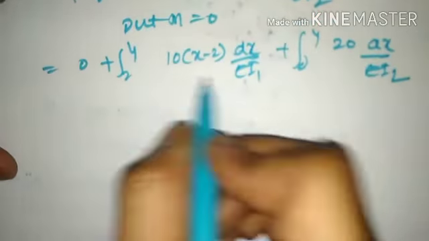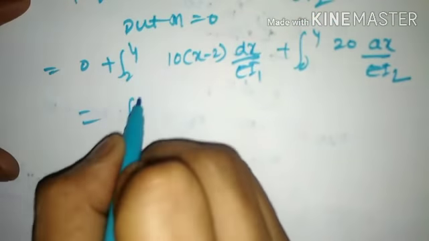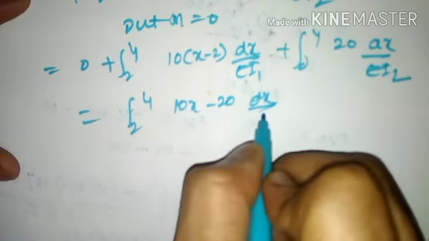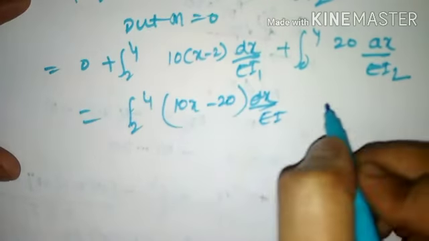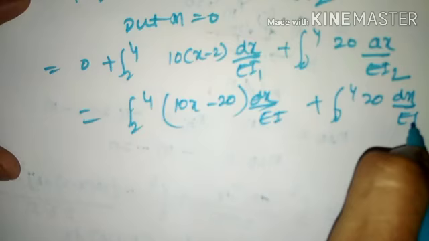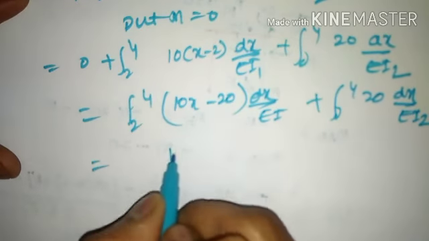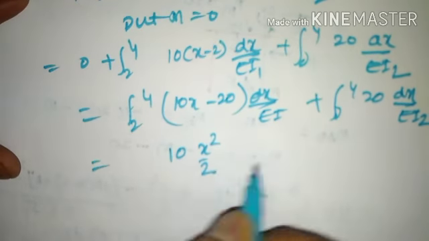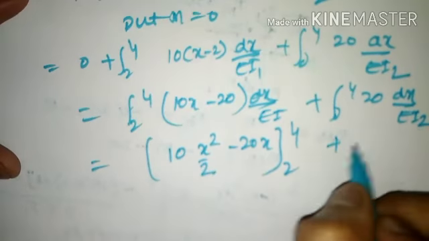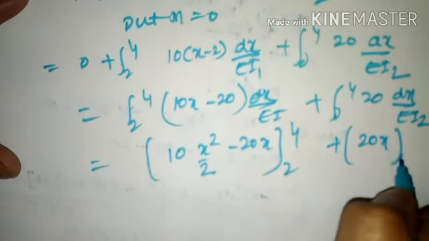And we are going to expand this. When I expand this, integral 2 to 4 of 10 x minus of 20 dx divided by EI1 plus integral 0 to 4 of 20 dx divided by EI2. So integration of 10 will be x square by 2 minus of 20x from 2 to 4, plus of 20x from 0 to 4.